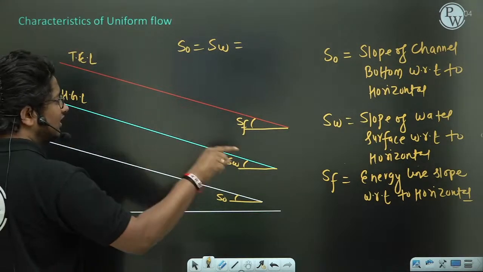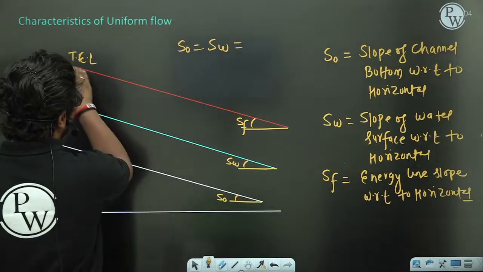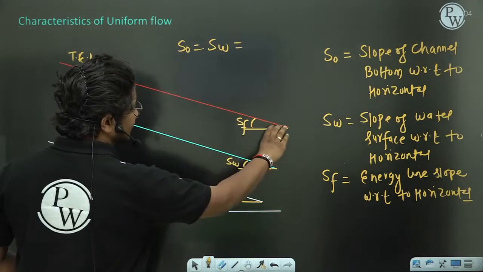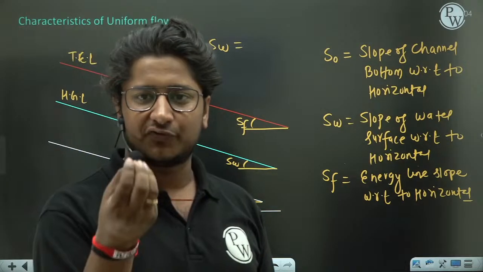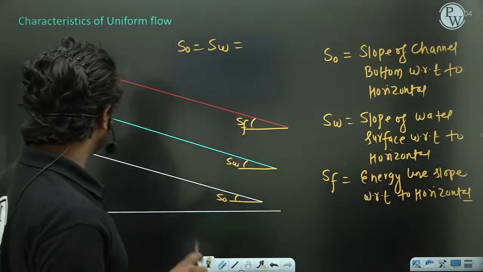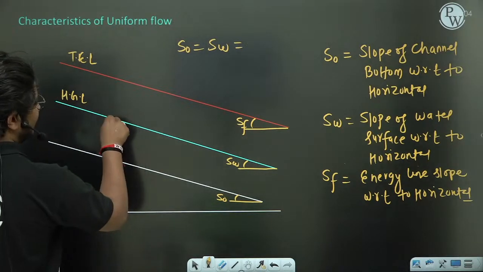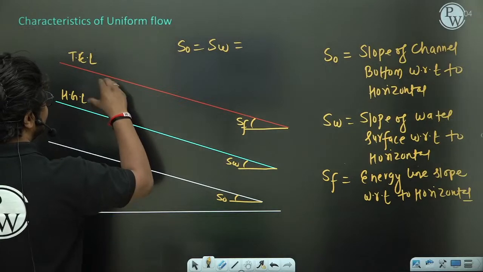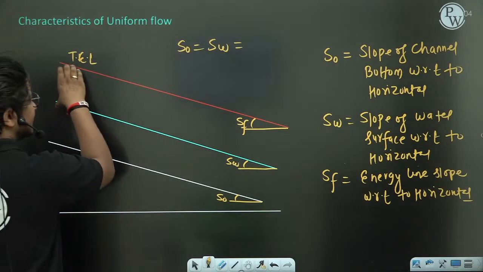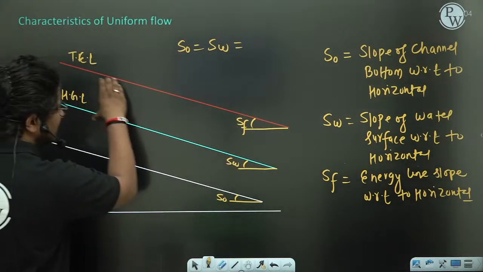Now, as you only told, in a uniform flow, even velocity is also constant along the section. Velocity is also constant along the section for a uniform flow condition. So if velocity is constant, you know the difference between TEL and HGL. What is the thing which actually separates the TEL line and the HGL line? It is nothing but the velocity head.